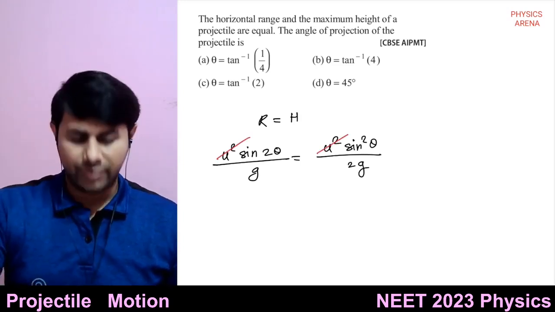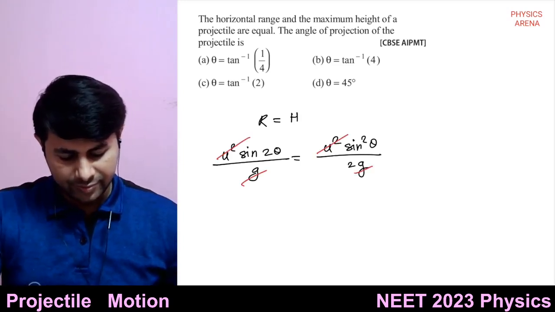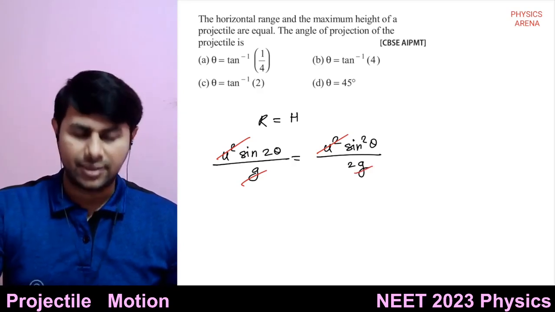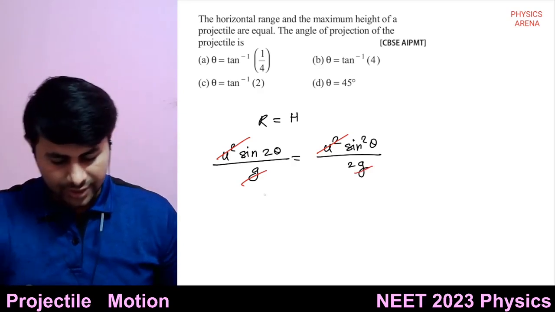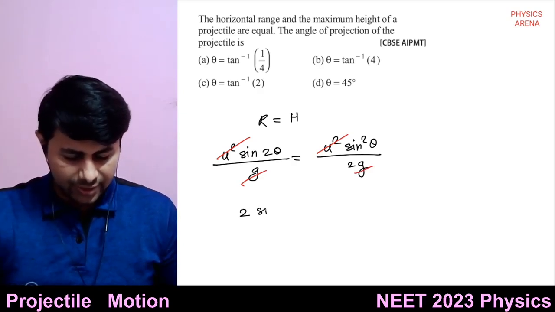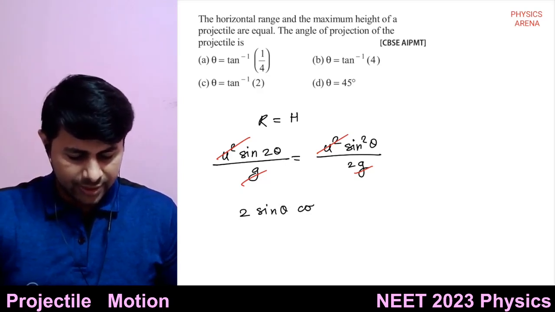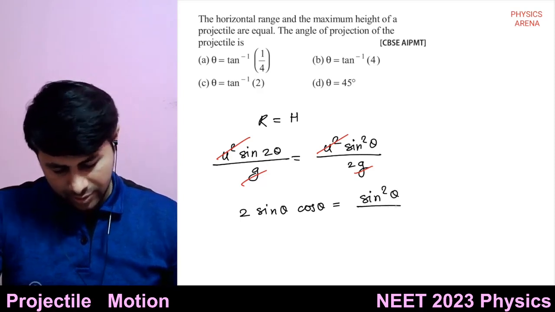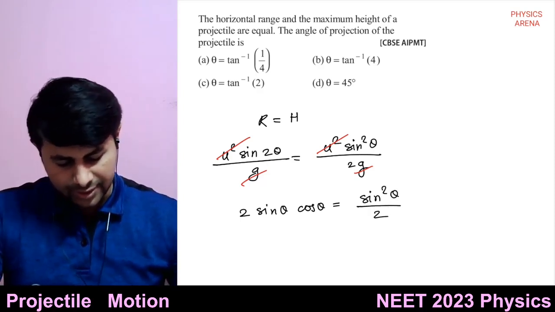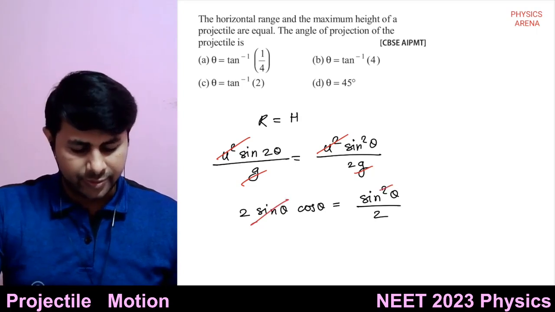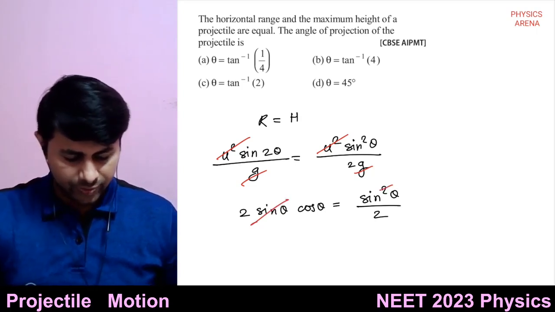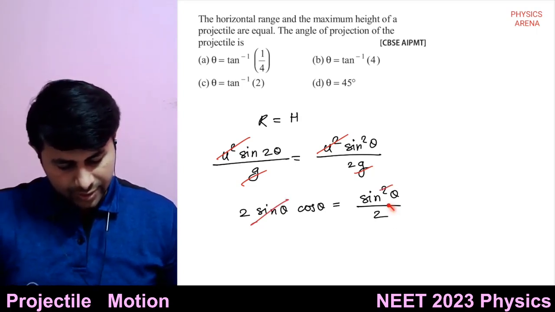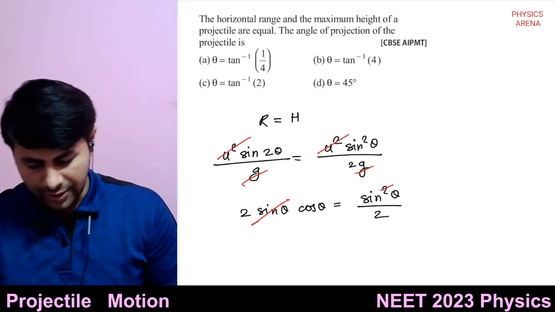So u square gets cancelled, g cancelled. So sine 2 theta is sine square theta upon 2. And this can be written as 2 sine theta cos theta is equal to sine square theta divided by 2. So this thing gets cancelled with this thing. So you take 2 on this side, cos theta on other side.